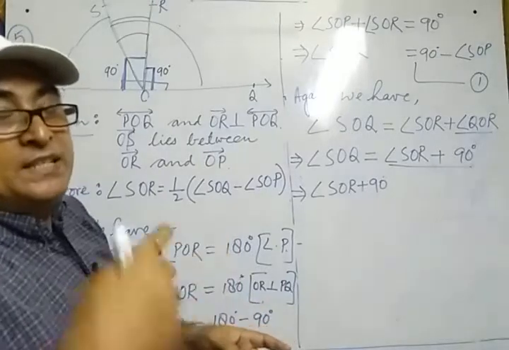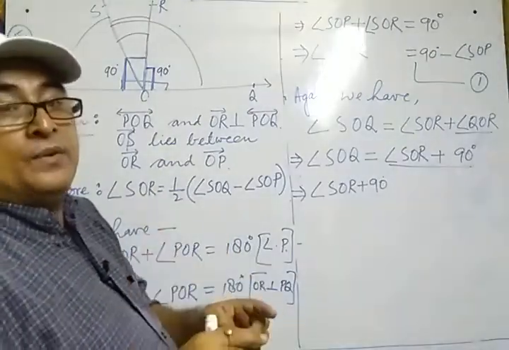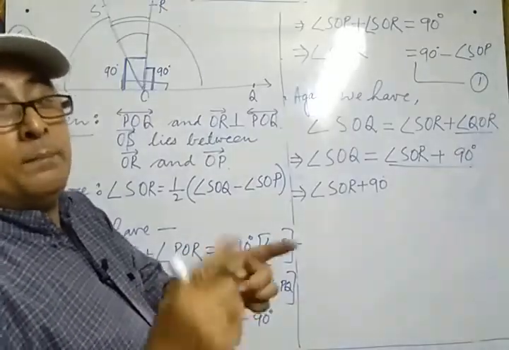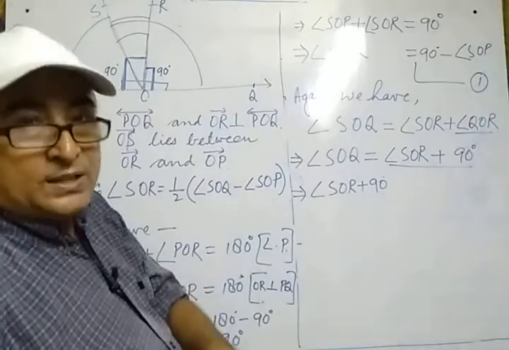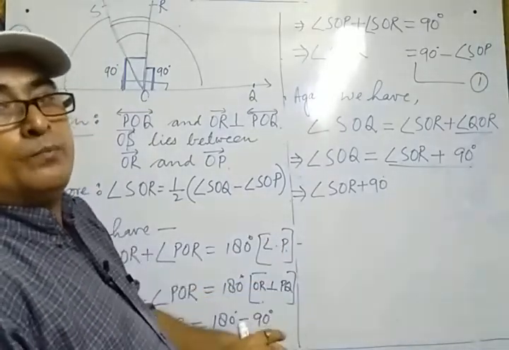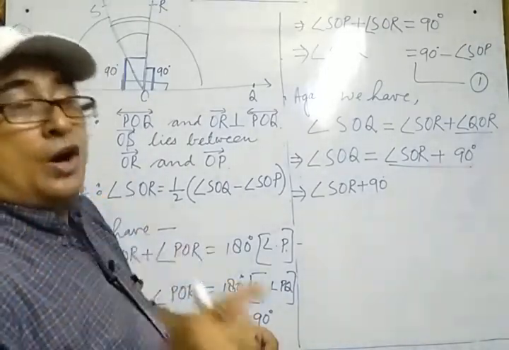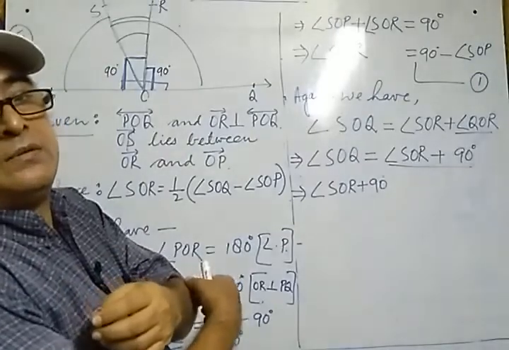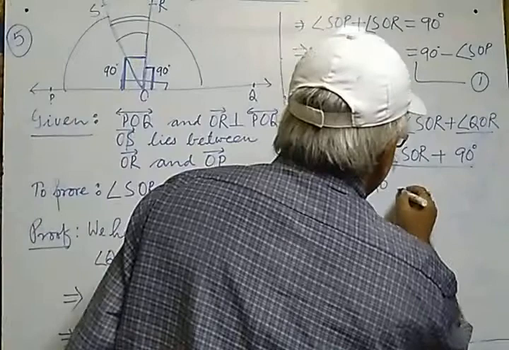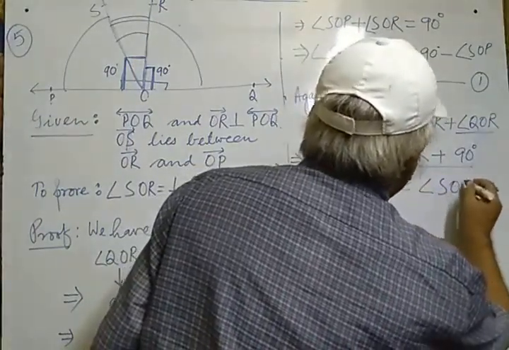If a broken part is transposed from right to left or left to right, only then we have to change the operation. Plus converts to minus, minus to plus, multiplication to division, and division to multiplication. Such is the law associated with transposition. So this will be equal to angle SOQ.